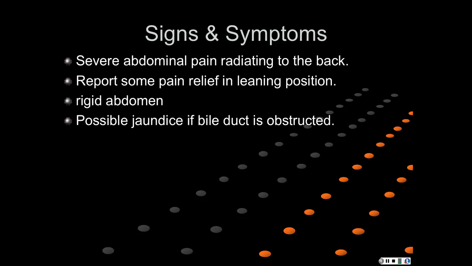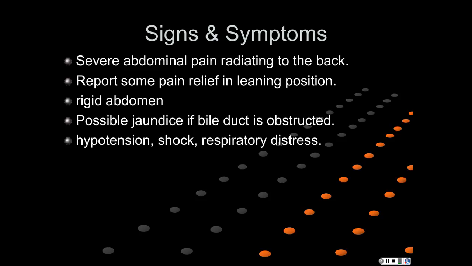Signs and symptoms: severe abdominal pain radiating to the back, and sometimes they report relief if they lean forward while sitting. The abdomen is rigid on palpation. They may develop jaundice if the bile duct is obstructed. Then hypotension, shock, and respiratory distress, because of the pain they are not going to be able to breathe fully.